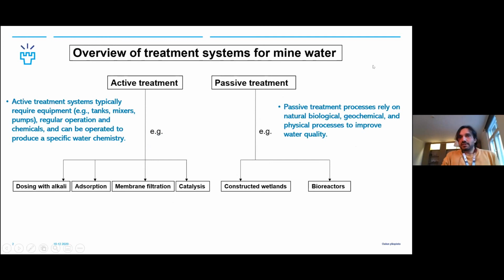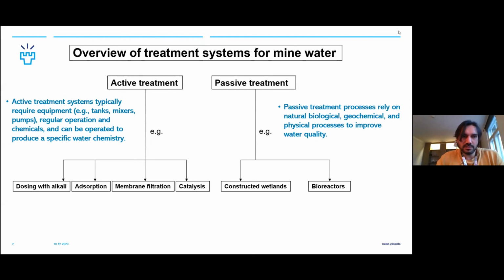First, let us look at what the active and passive treatment methods are. In active treatment methods, we require equipment and regular operation, and we need chemicals, but we can also produce water as per requirement.